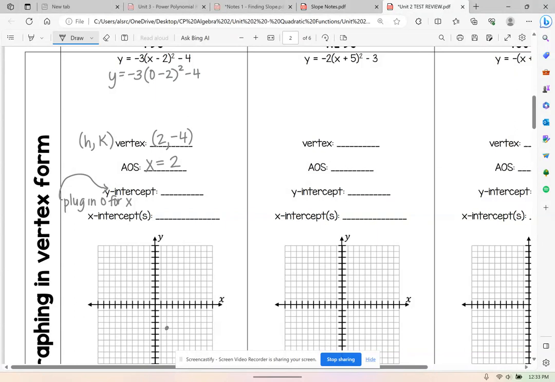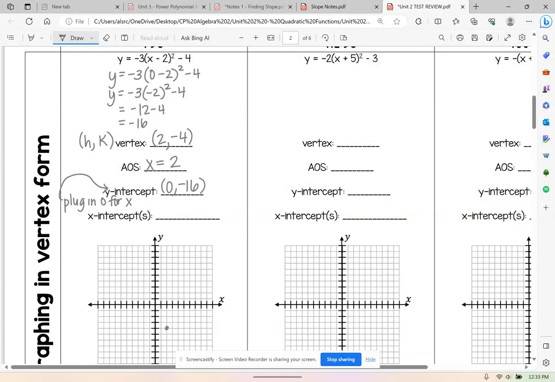Just plug in 0. Make sure you plug it in for x, not in for y. So this becomes -12 minus 4, which is -16. So my y-intercept is (0, -16).